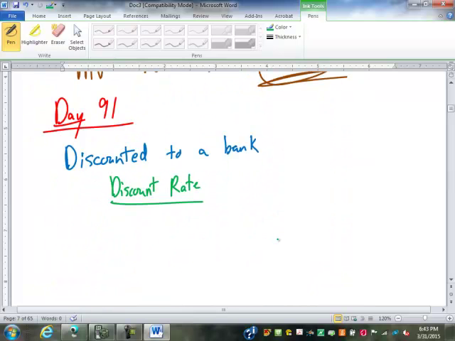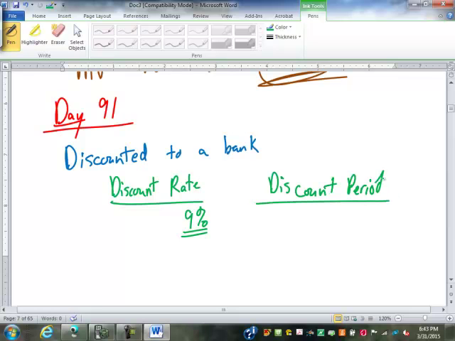Well, let's say that in this case, the bank's discount rate is 9%. So that's the first part of the terms of this discount. The second thing they're going to determine is the discount period. The discount period is the amount of time that the bank is going to hold the note.